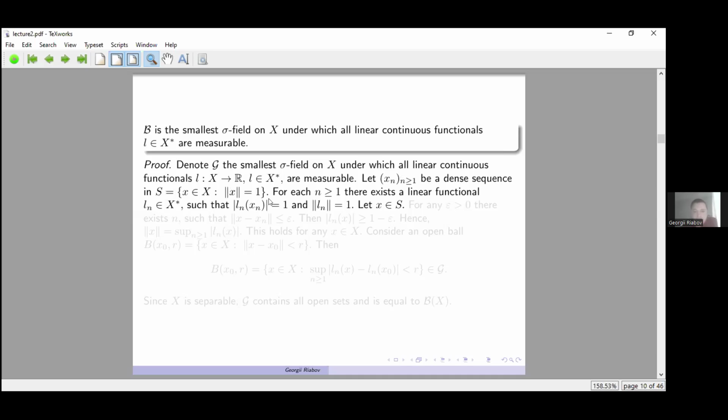To prove this, let G be the smallest sigma field on X under which all linear continuous functionals are measurable. Let's take a dense sequence in the unit sphere of X. And by the Hahn-Banach theorem, for each n, we can choose a linear functional which is equal to 1 on x_n and has norm 1.